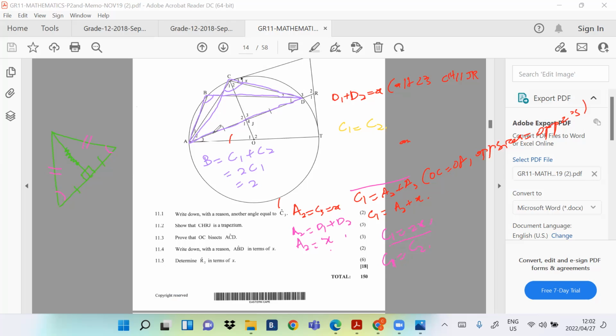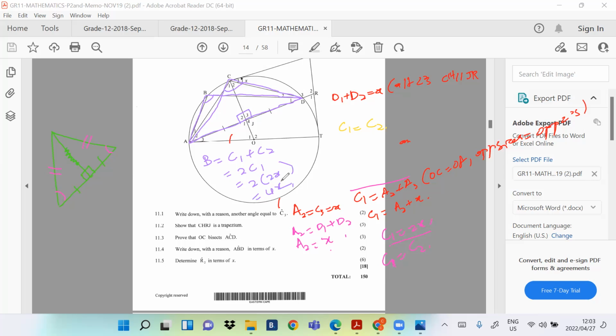C1 was 2X because we said A2 plus X, which is the same. Was it 2X? Okay, hope so. Then that means B is 4X.